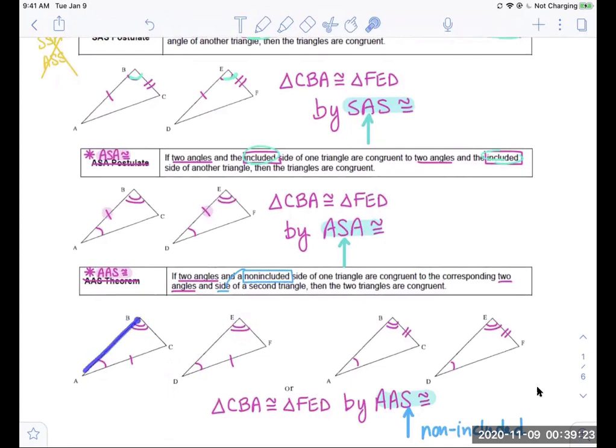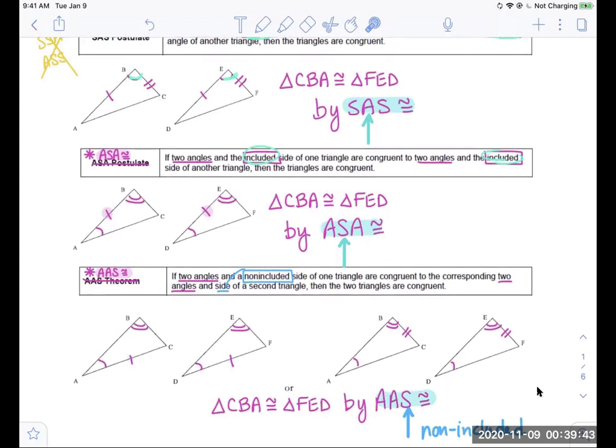So the included side is the one that's between the 2 pairs of angles that you know. So for angle, angle, side, we're going to pick 2 pairs of angles and then a non-included side. That means angle, angle, and then not the one that's included, but one of the other ones. They need to be the corresponding other sides.